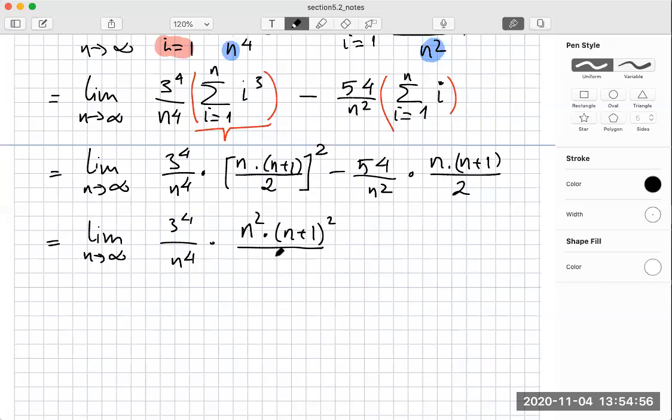Perfect. Very good. Thank you, Morgan. And here, the number, can we write it? Can we cancel it out? Right. 54 divided by 2 gives us 27, right? It will be 27 times n and n plus 1 divided by what? Yes, n squared. Good job.